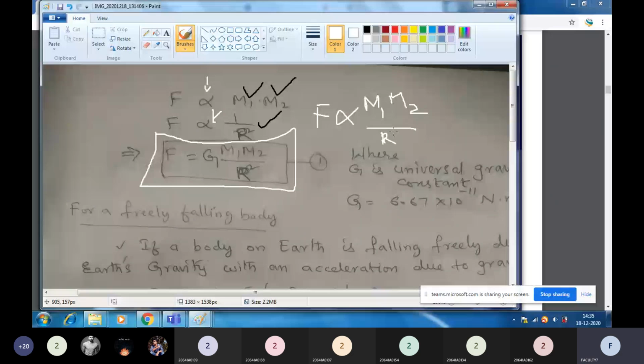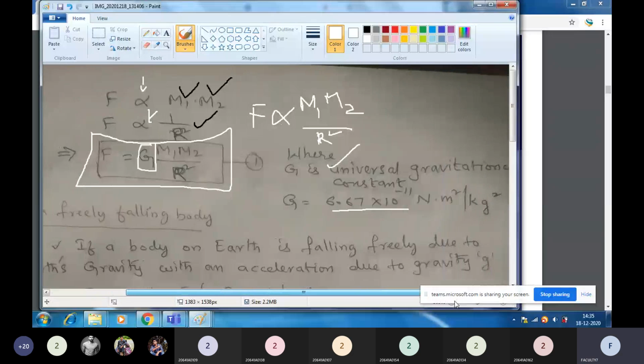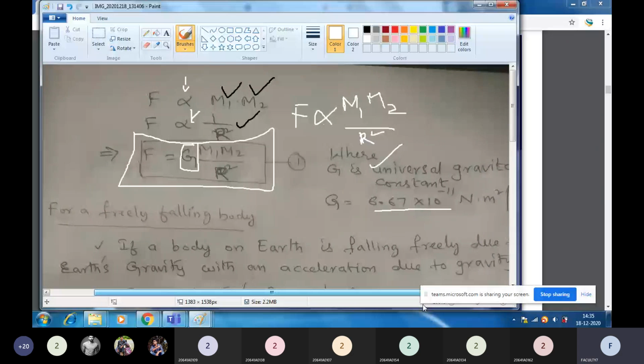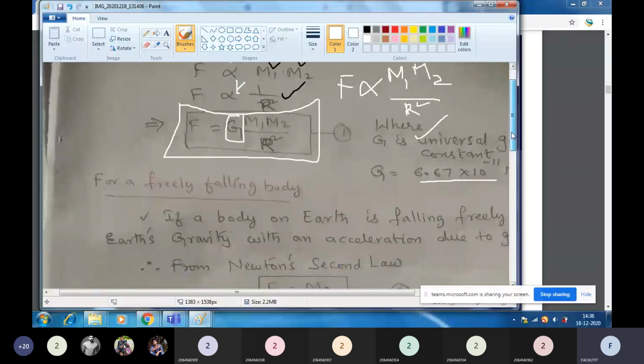Now if you remove the proportionality, you introduce a constant, capital G. This is a proportionality constant, which is known as the universal gravitational constant. The value is 6.67 into 10 power minus 11 newton meter square per kg square. That is the value of capital G, the universal gravitational constant. Now regarding the application, let us take a small application from your intermediate standard.